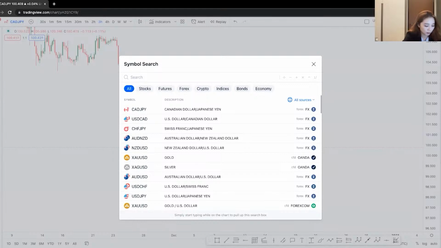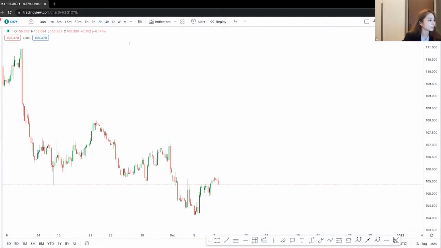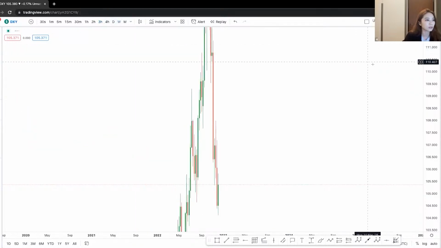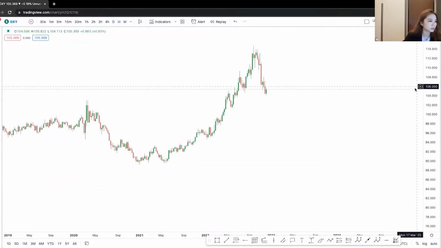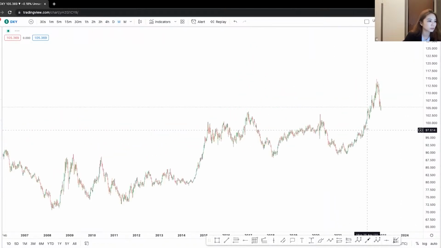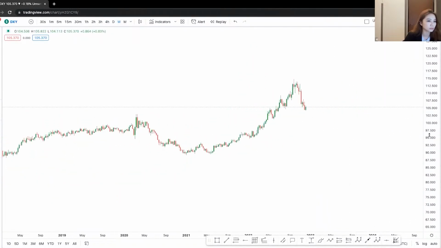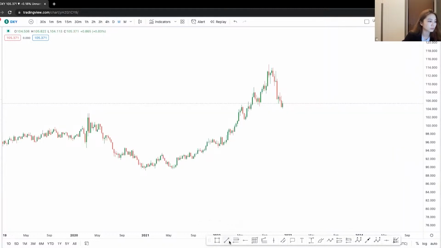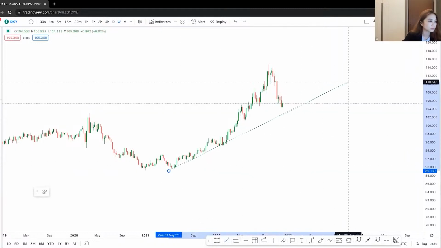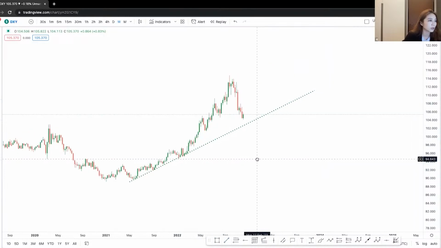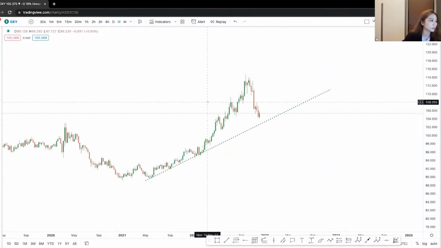Let me think. Let's just do the XY on the weekly chart. Upward moving as well, strong downturn after.